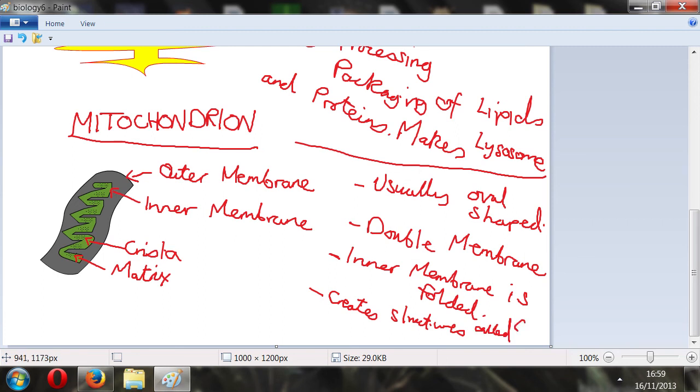I think next time I'll make it a bit bigger. I've got a bit of space to the right, so I could have done that, but I'm not going to do it now. So the structure is created, and inside the cristae is the matrix. I think the cristae are the whole structure, and then perhaps those little dots are some kind of enzymes.